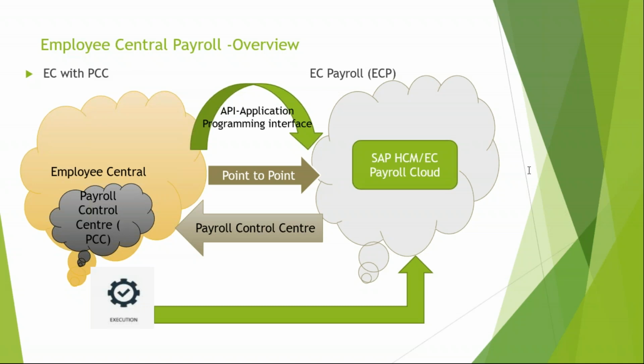That URL we have to maintain here, and it is not a tile actually. While logging into the EC system, you will have a URL, right? That URL you have to call in the ECP system. And for the API purpose, each and every instance will have a separate data center.